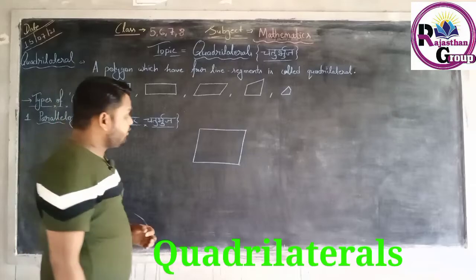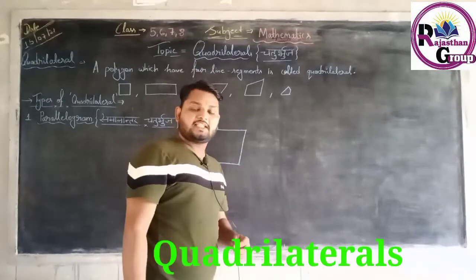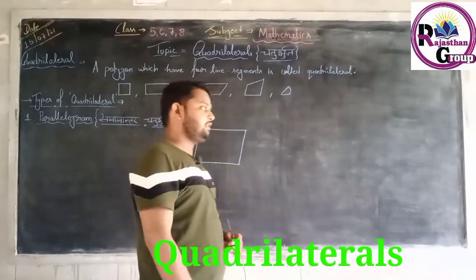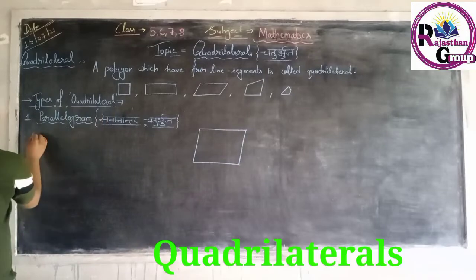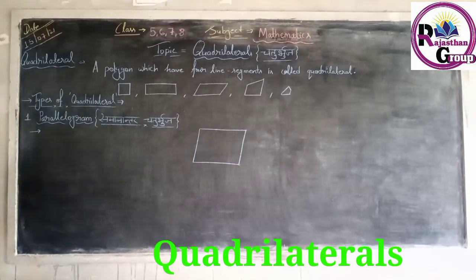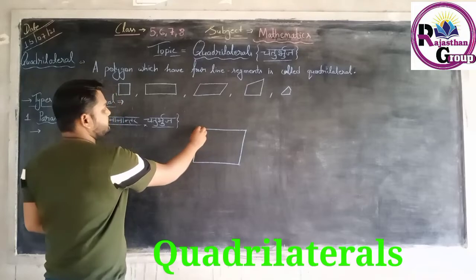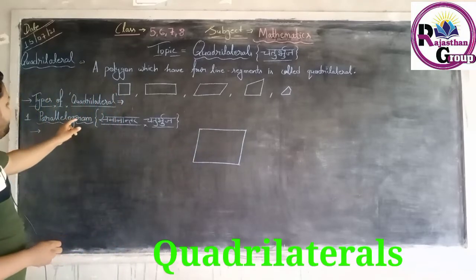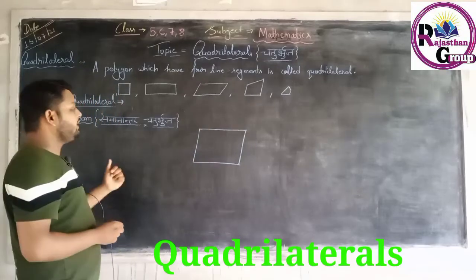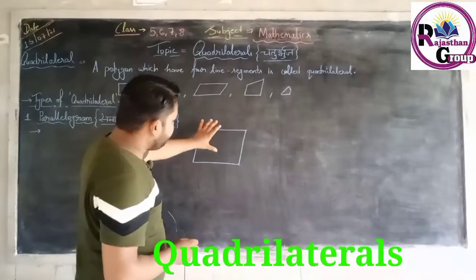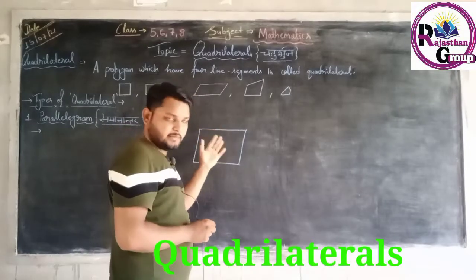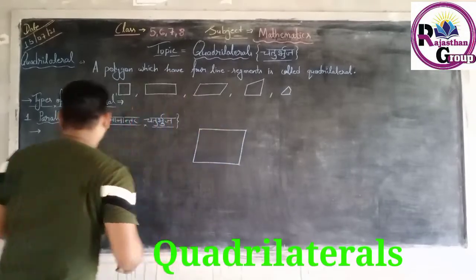What are the properties of the parallelogram? I explain you point by point. Look at the board carefully. First of all, as the name of the figure suggests, parallelogram means the opposite sides of the given figure are parallel.